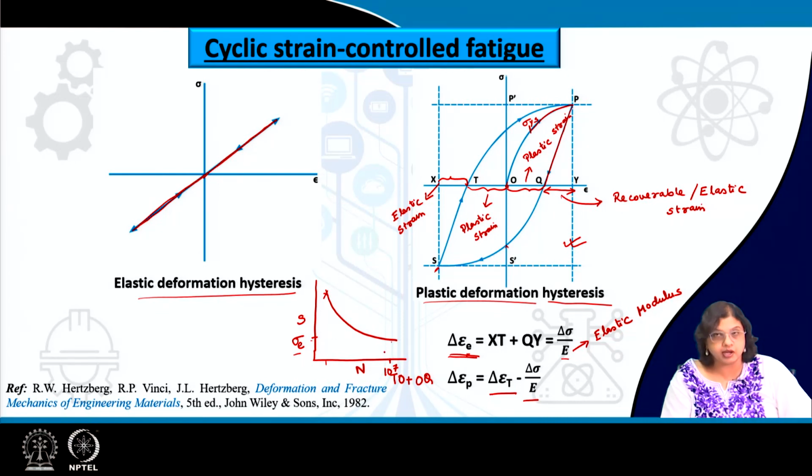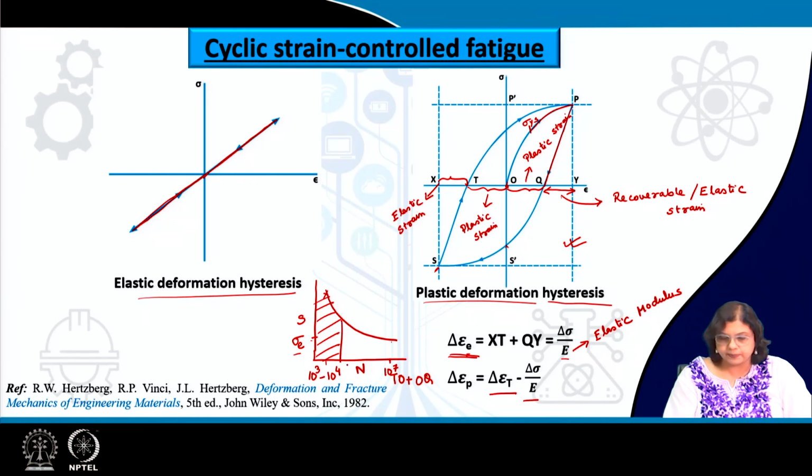So, for the SN curve we are mostly interested in the endurance limit and the number of cycles at any particular stress amplitude. Now, when we are talking about the strain controlled fatigue, we are talking about the part when there is some amount of plastic deformation, which is certainly this part of the curve. Here the number of cycles that is of interest is 10 to the power of 3 to 10 to the power of 4. Let me write this down clearly.